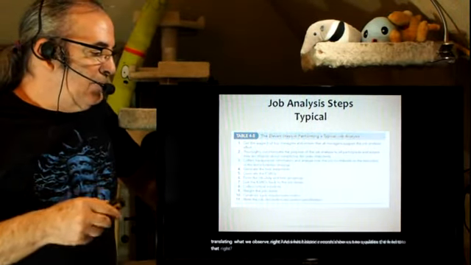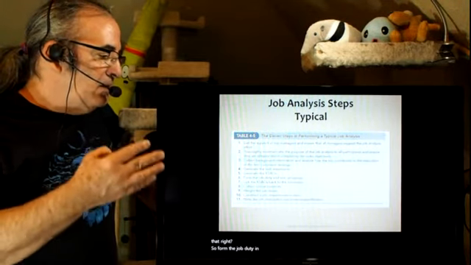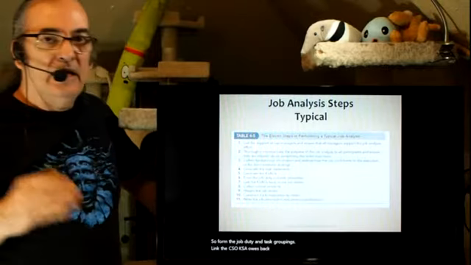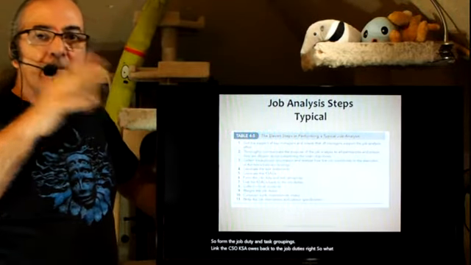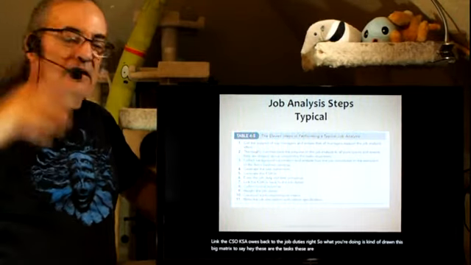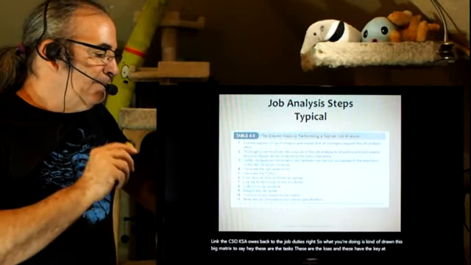So form the job, duty, and task groupings. Link the KSAOs back to the job duties. So what you're doing is kind of drawing this big matrix to say, hey, these are the tasks, these are the KSAs, and these are how the KSAs support them.